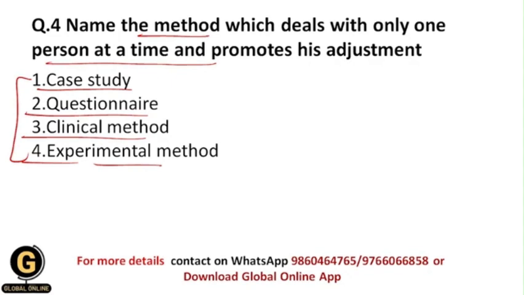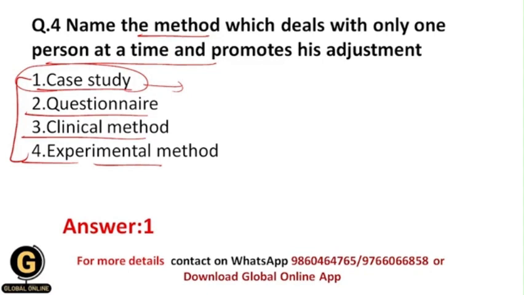So obviously students, now all of you understood that your correct answer over here should be case study. As we have seen earlier in this video, within the case study we are going to study detailed information about a single person at a time. Okay, and that's why case study is the method which deals with only one person at a time, and also case study promotes that person's adjustment. I mean to say, according to that person's adjustment, the researcher does the study.